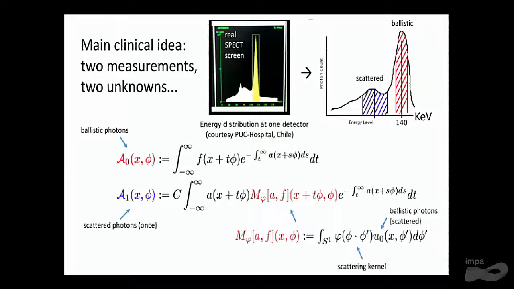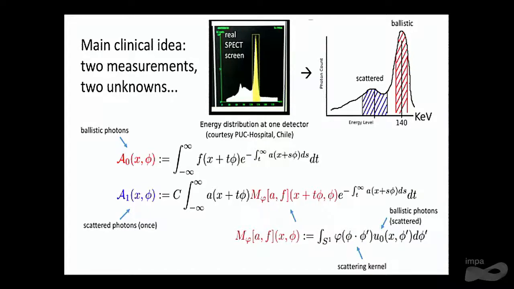And here is a photo of the real machine, a SPECT screen, and you can see there's some typical energy, which in this case is the energy of technetium-99, a radiative source.